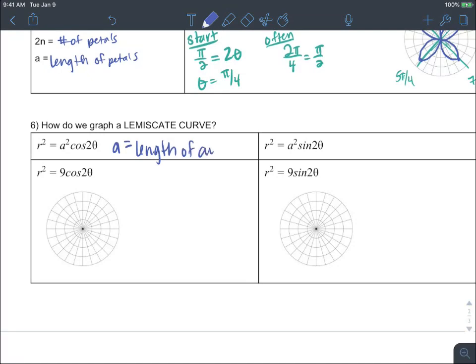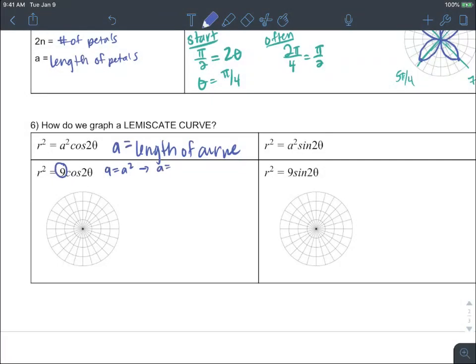Then we have to do a little bit of trickery like we did with the rose petals to figure out where they start from. Okay. So 9 is equal to a squared, so a is equal to 3.